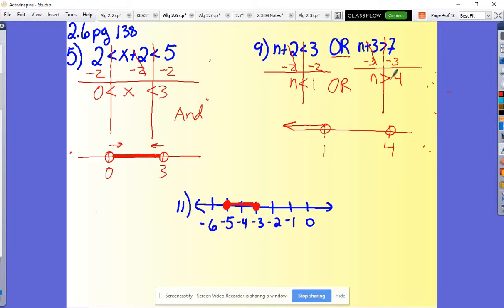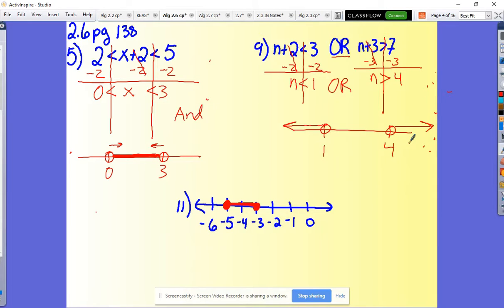And on this side, n is greater than 4 because it's on the greater side, so this side is going to be going that way. All right, so we have everything less than 1, everything greater than 4, and the middle is nothing. All right, so there we go. We just solved that OR compound inequality.